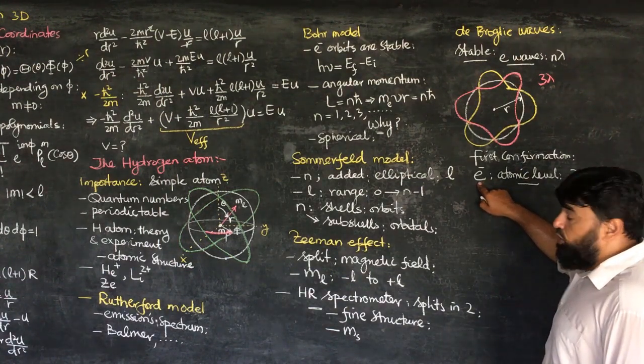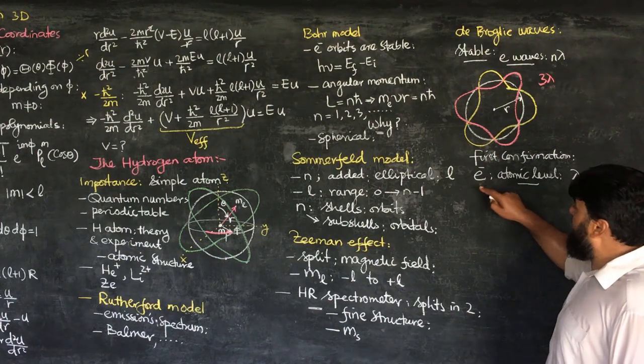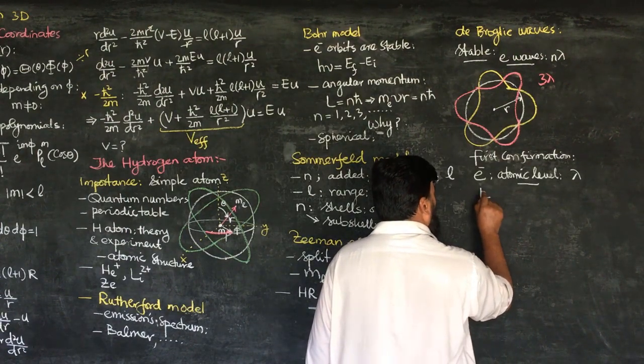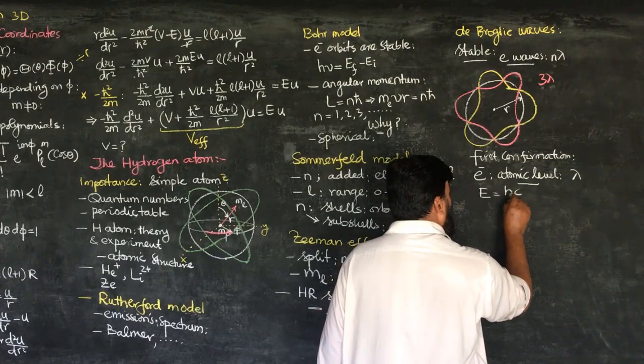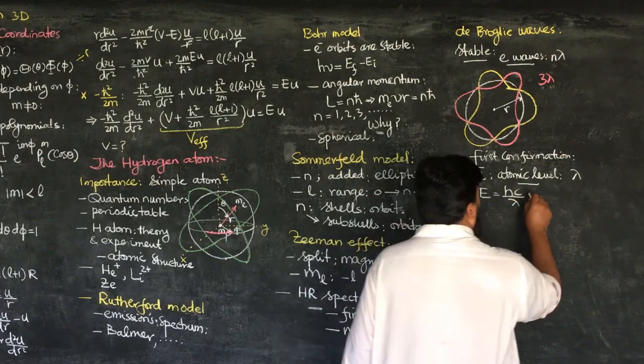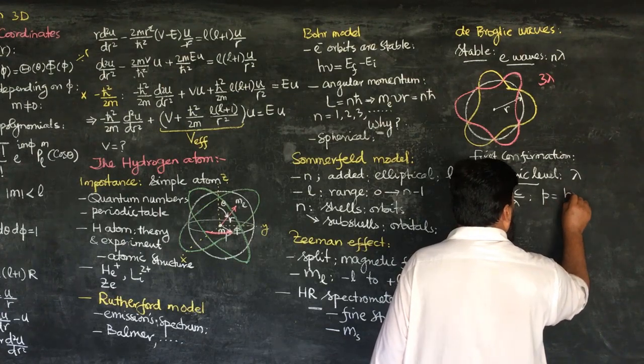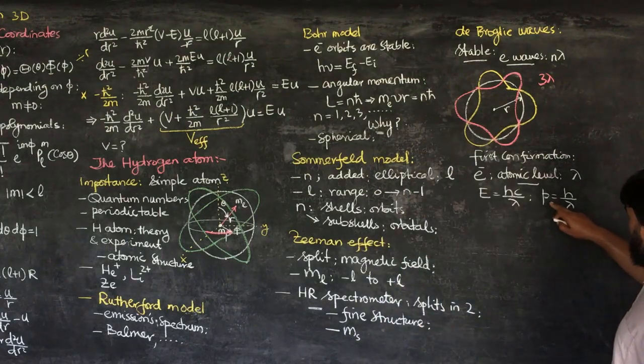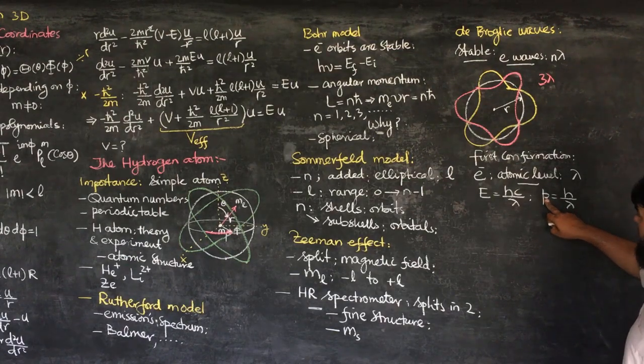Depending on its energy, E equals hc over lambda, or p equals h over lambda, from here I can write r cross p, the angular momentum.